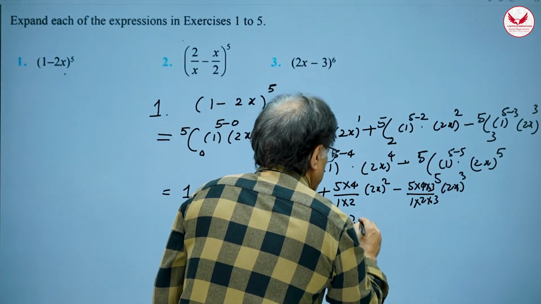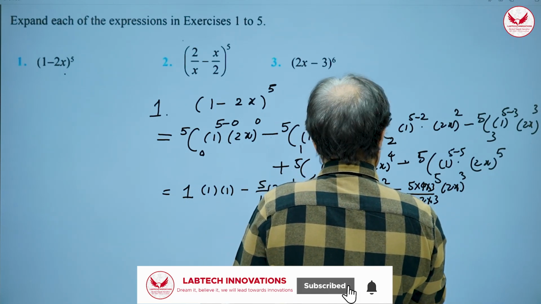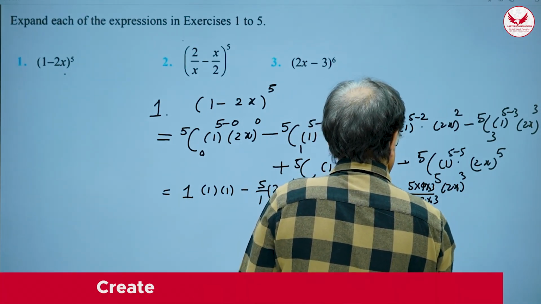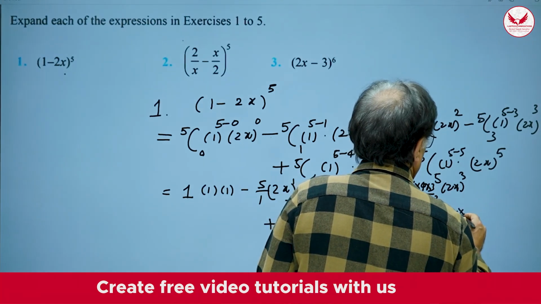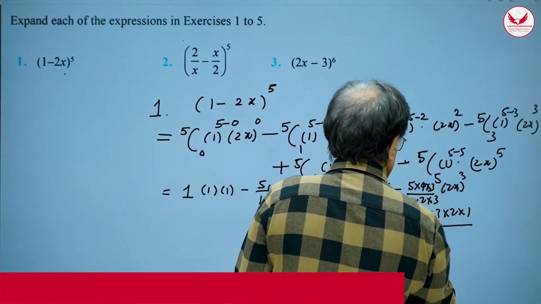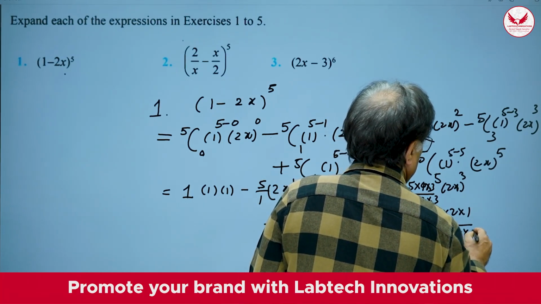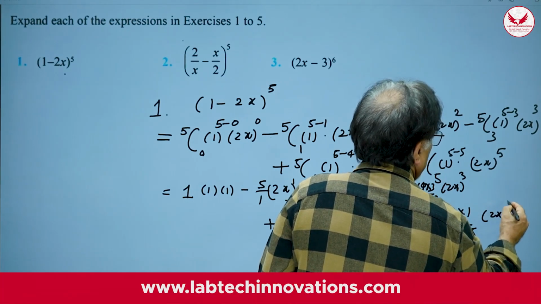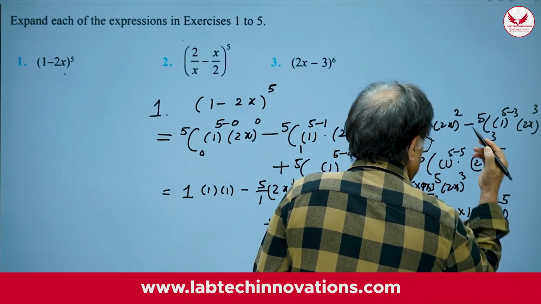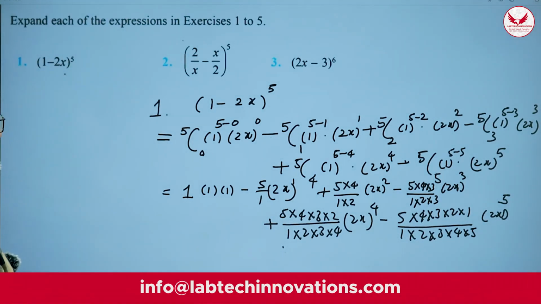The power of 2x now will rise to 4. And the last one will be minus 5, 4, 3, 2, 1 divided by 1, 2, 3, 4 and 5. But now there won't be a, so 2x will be now raised to what? 5, correct? So this is exactly all the formulas that I have learned.